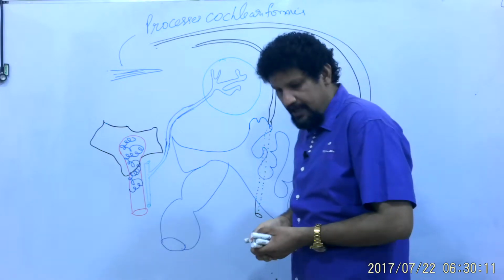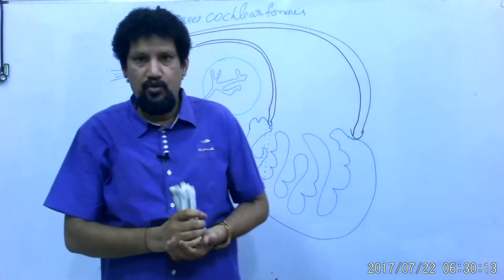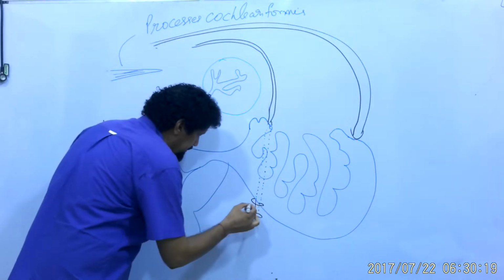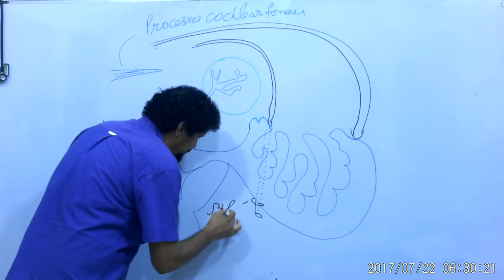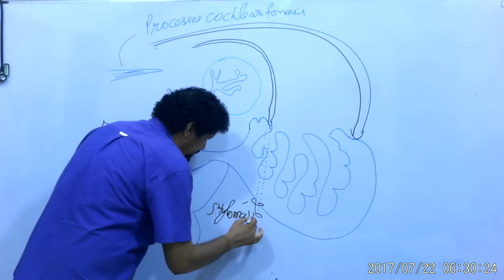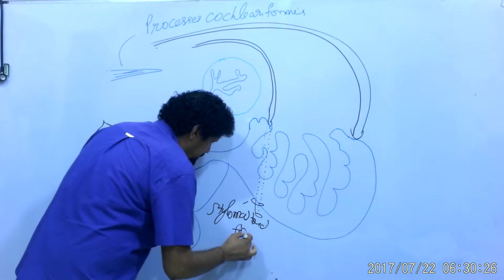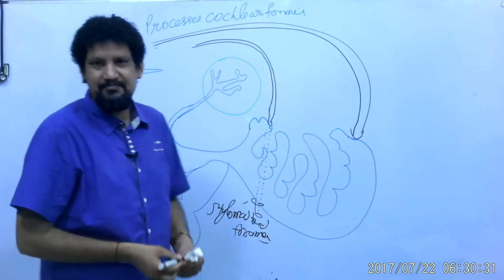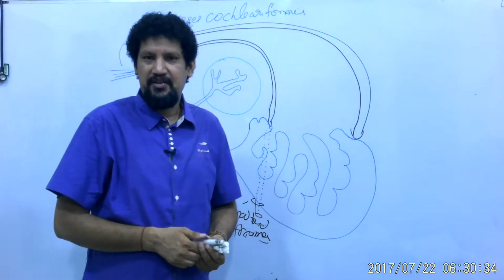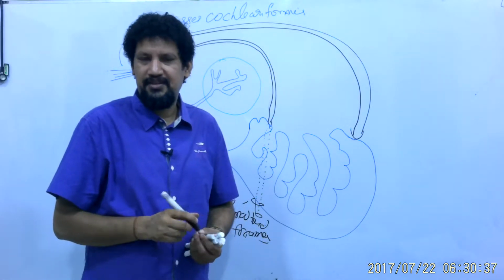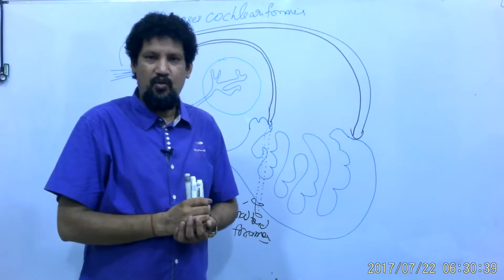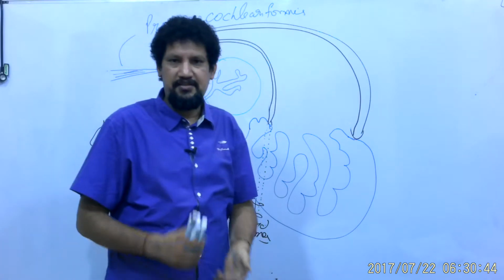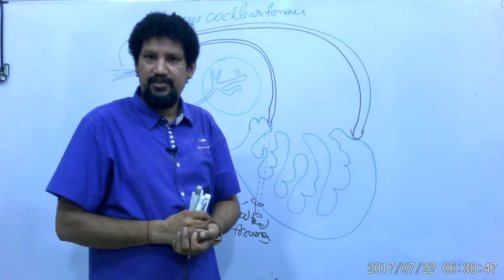This opening is known as the stylomastoid foramen. And you all know, if you are a medical student or a practicing doctor or neurologist, you are well versed with the anatomy of the structure. Yeah, this is the facial nerve.